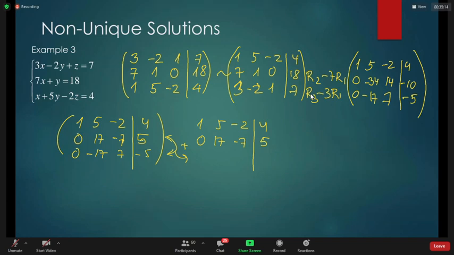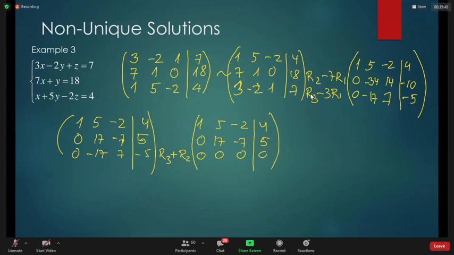As you add them and you see that they eliminate each other, it's only one equation that gets eliminated. One of them remains. So in fact, what I should have written there was row 3 plus row 2 goes into row 3. But row 2 remains as it is. But row 3 becomes 0, 0, 0, 0.